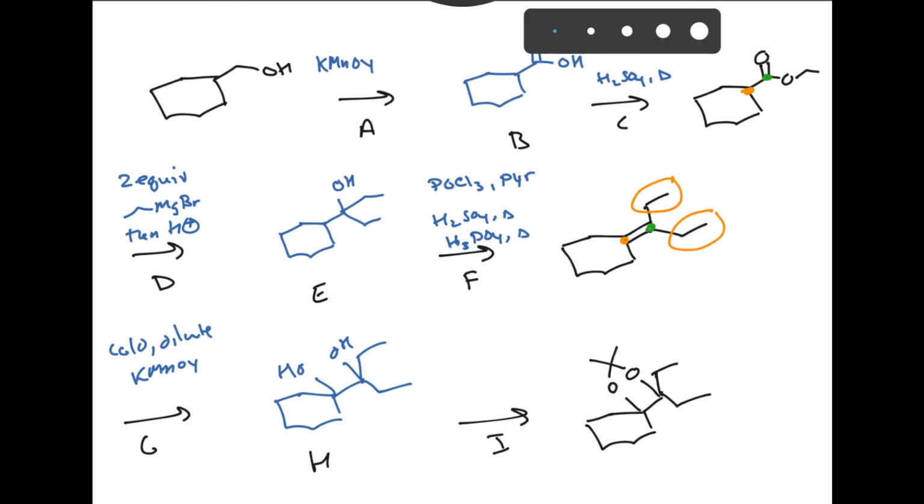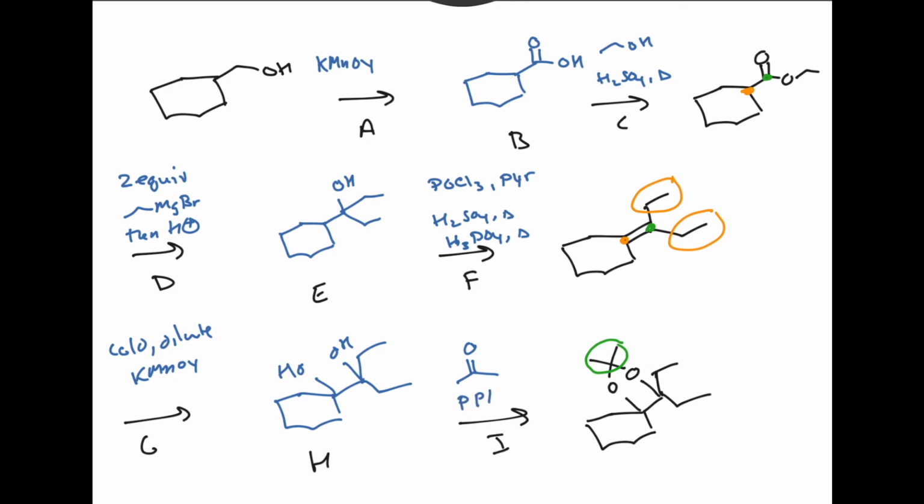And then this part right here would come from the carbonyl. So that is 3 carbons, the carbonyl in the middle, and acid to make the cyclic acetal.